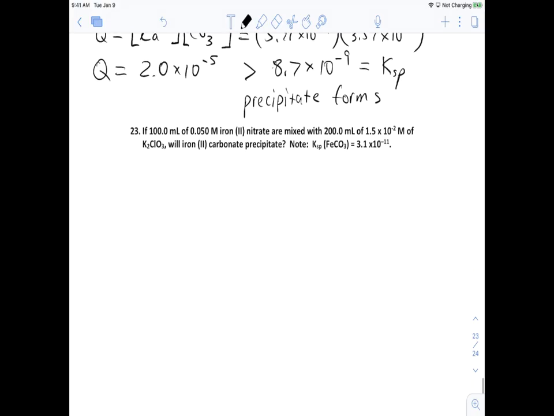Okay, why don't you try number 23? It's a similar problem. Try that. Okay, so we have iron, and it's going to be diluted from 100 milliliters into 300 milliliters, because we're adding 100 to 200, and it started off with 0.05 molar.